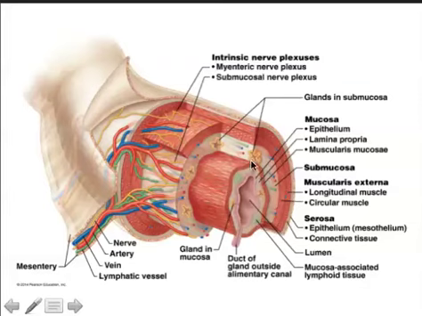And then as we move out here, remember we got epithelial tissue, we've got connective tissue here, we've got smooth muscle tissue here, okay? And then we've got the submucosa, which is connective tissue, and some glands, okay? Quite a few glands in the submucosa.